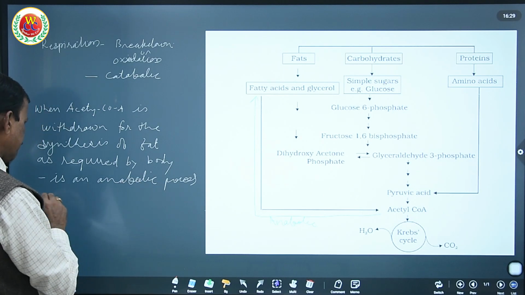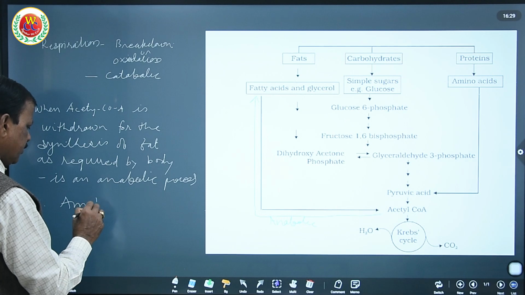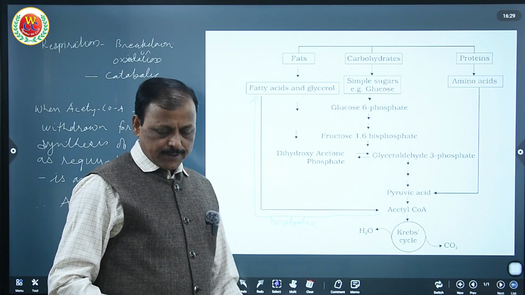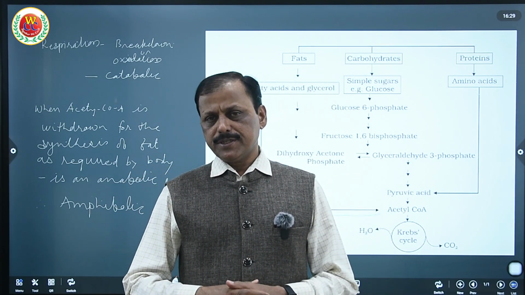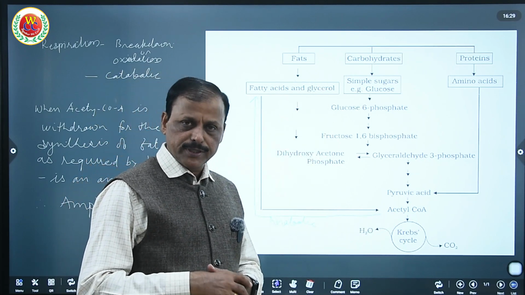Therefore, together this entire process can be called an amphibolic process. So, respiration is nothing but an amphibolic process, as both catabolic and anabolic reactions occur together.